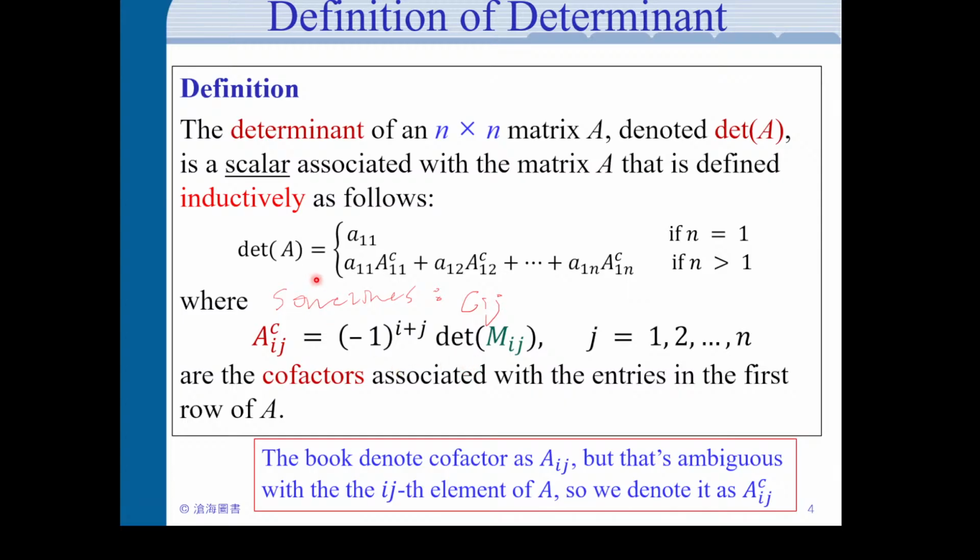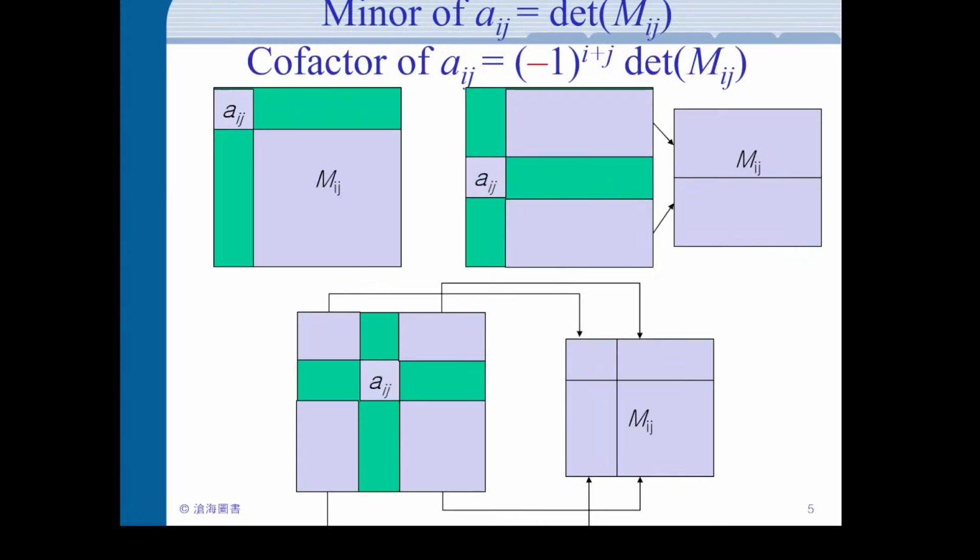The base case is when n equals 1, where the determinant is just your element a11. As for the submatrix, we have a graphic example here. You take some ij, cross out the row i and the column j, and you are left with an n-1 by n-1 matrix. You put the 4 remaining blocks together, and that's your Mij submatrix.